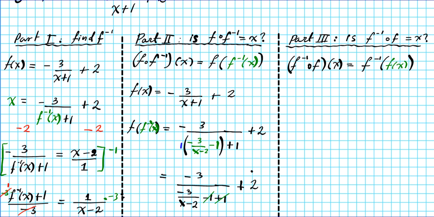We're going to take the function and plug it into all the x's in the inverse function. To help us stay organized, we'll start by writing down what the inverse function is. F inverse of x that we found earlier was negative 3 divided by x minus 2 minus 1.